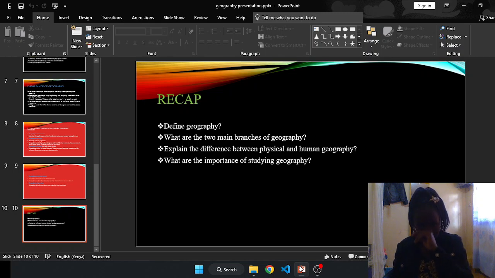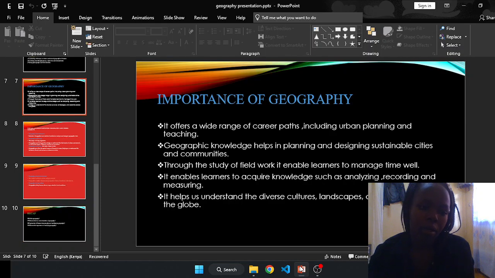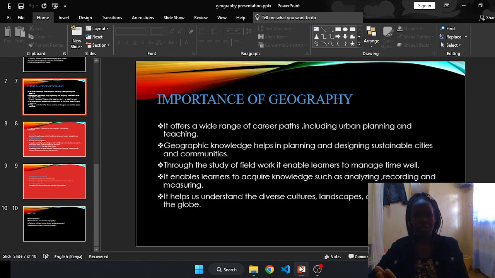The second one is that it helps us understand the diverse cultures, landscapes, and societies across the globe. The third one is that it enables learners to acquire knowledge for analyzing, recording, and measuring data. And the last one is that through the study of fieldwork, it enables learners to manage their time well. So those are the importance of geography.